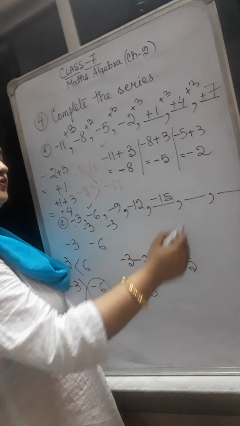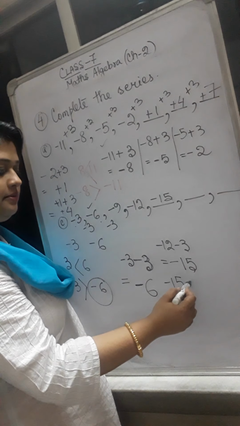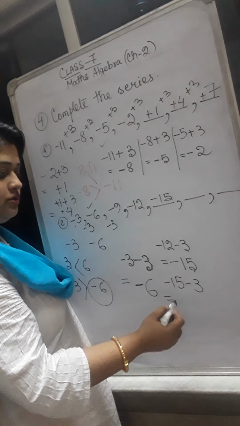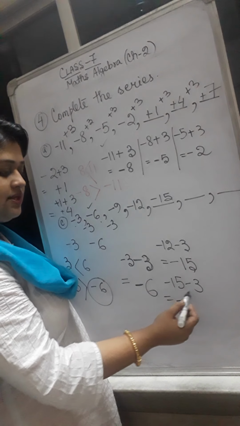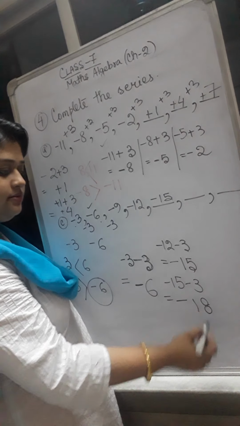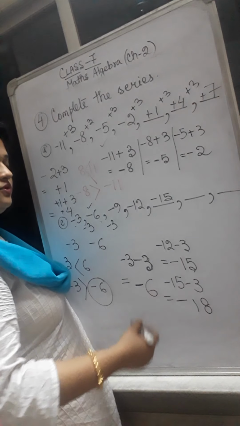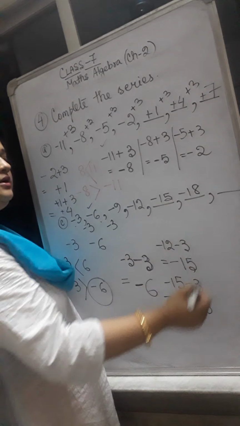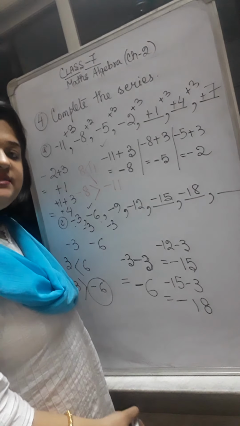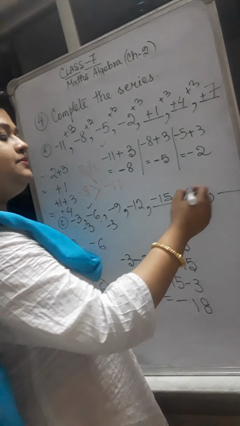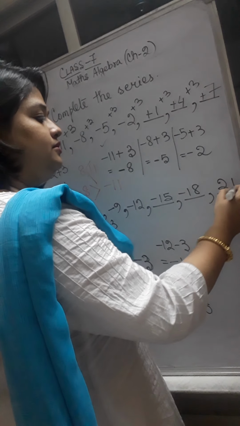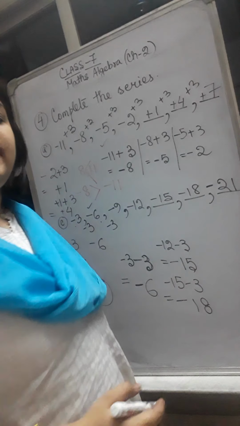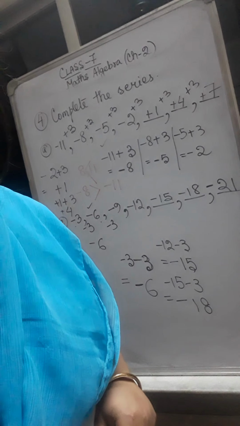Again with minus 15, you have to subtract 3. It will be same sign, numbers are added. 18, sign of the greater number. Now the last number will be minus 18 minus 3. Numbers are added and the sign of the greater number. So minus 21. This is the way you should complete the series.